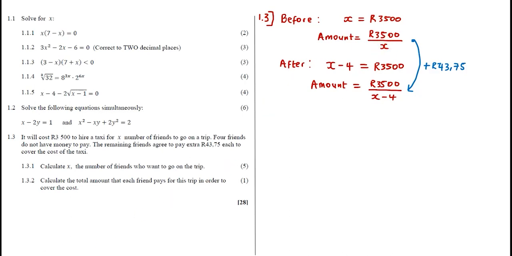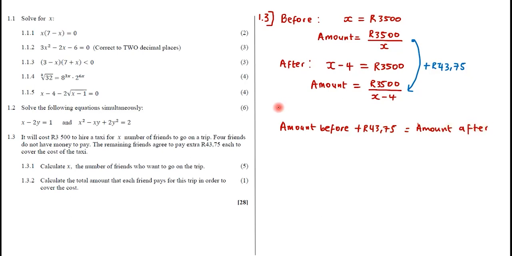In order for us to do this, there are 2 ways. One way that I feel is easy is to take the amount before. So I'll say amount before, and then add the extra 43 rand 75 cent, and then we know that will sum up into the amount after. So I'm going to write it as amount after.